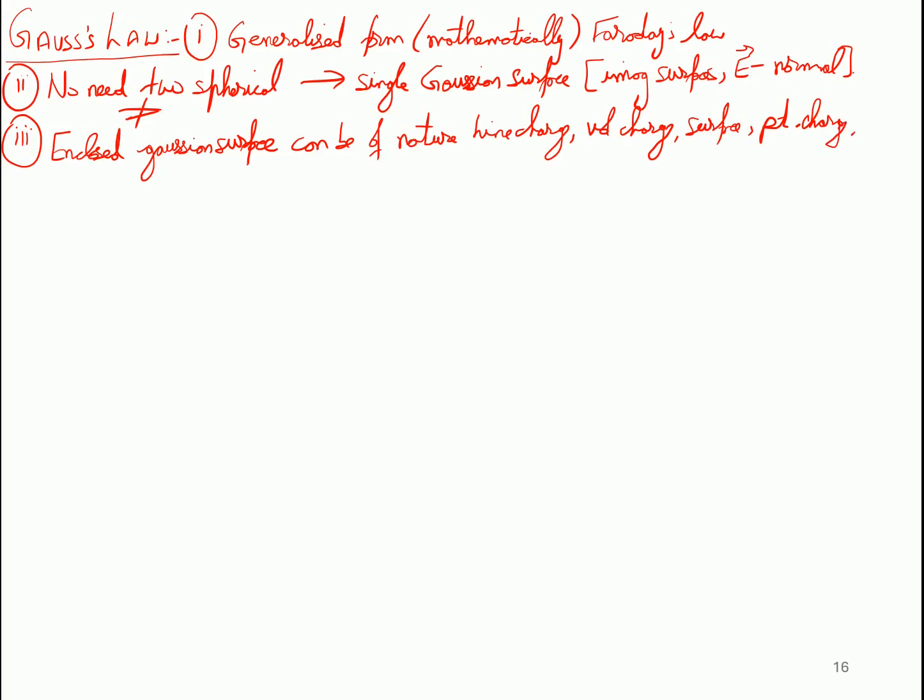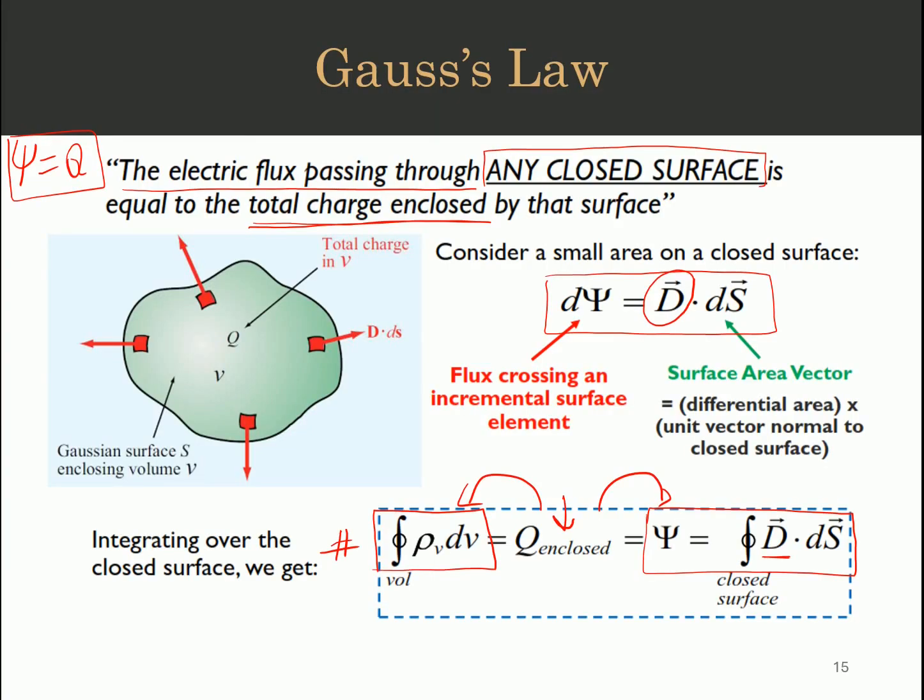So this is what Gauss basically said. If we go back to the definition of Gauss's law, it says that the charge enclosed by any surface is equal to the total flux passing through that surface, which means the electric flux passing through any closed surface is equal to the total charge enclosed by that surface.